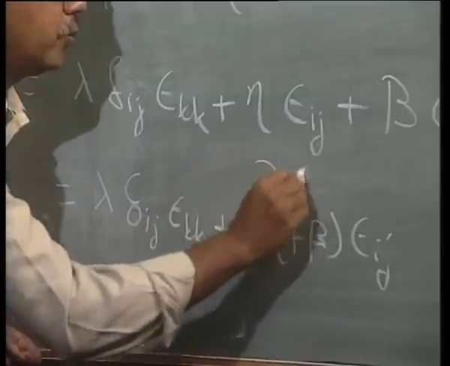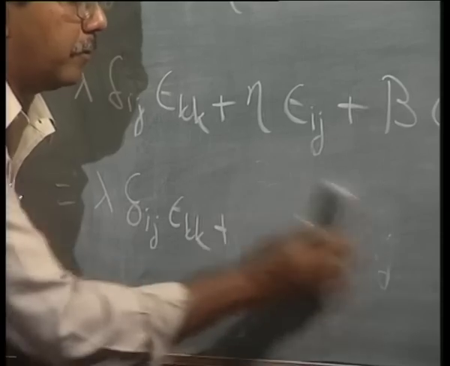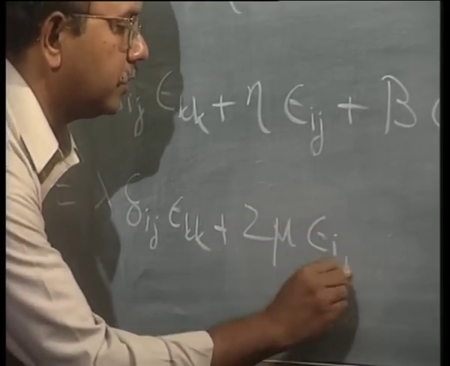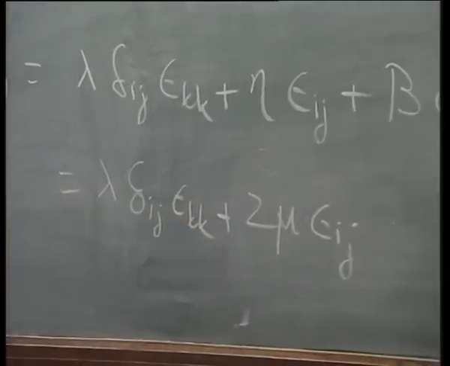There are some advantages of doing it. So let this be 2 mu, so that you can write that equation as lambda delta_ij epsilon_kk plus 2 mu epsilon_ij. That is sigma_ij.